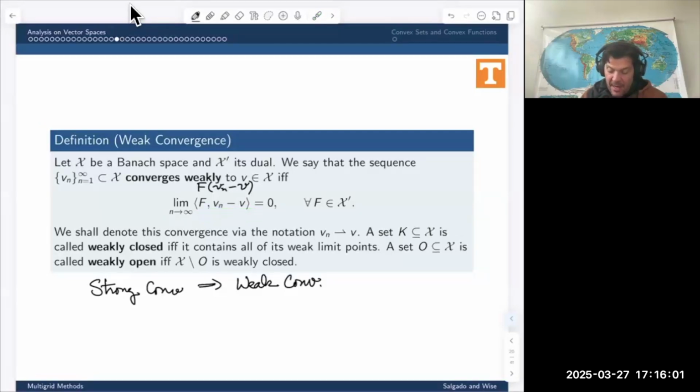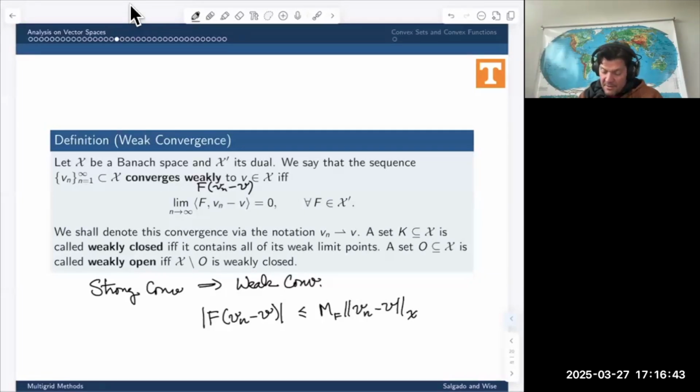If f is a bounded linear functional, then what do we know? So if f is a bounded linear functional, then f of v_n minus v is bounded, right? So that's less than some constant m, which only depends on f, times the norm of v_n minus v, measured in the X norm.